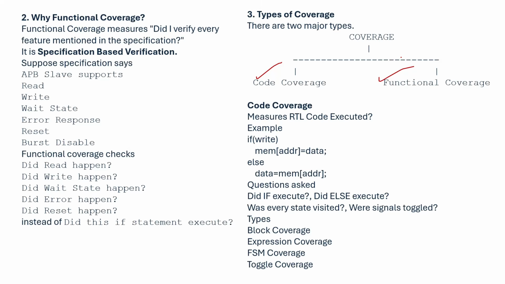Through the test bench we verify whether a write happens or a read happens, whether this if condition is verified or not, and whether this else condition is verified or not.